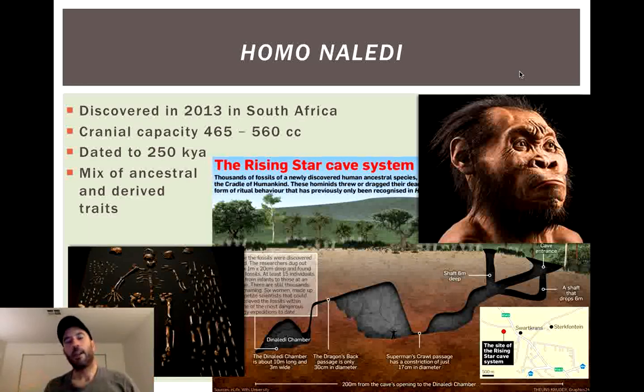It turns out this context was really hard to date, but when they finally were able to find a way to date it, and I'm not sure exactly what that was, I think they might have dated some stalactites and stalagmites using some radioisotopes, the date came back to be around 250,000 years ago.